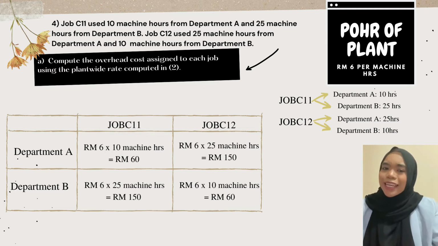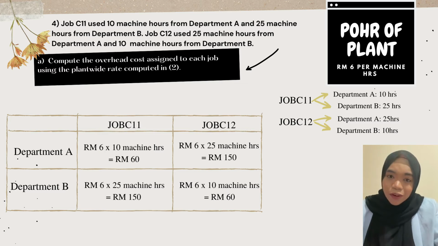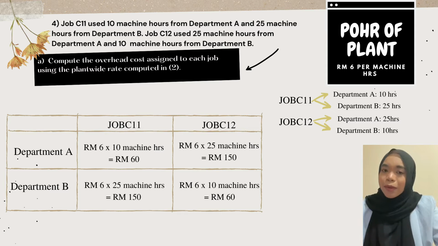We still focus on exercise 1, but I'm going to assist you in question number 4 and question number 5. For question number 4, it is stated that job C11 used 10 machine hours for Department A and 25 machine hours for Department B. Job C12 used 25 machine hours for Department A, and for Department B it used 10 machine hours.